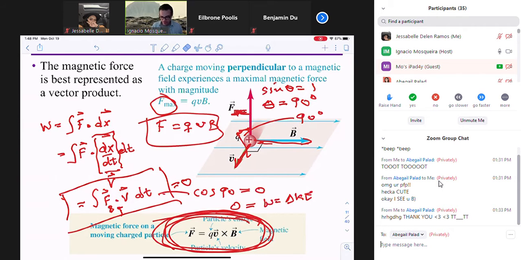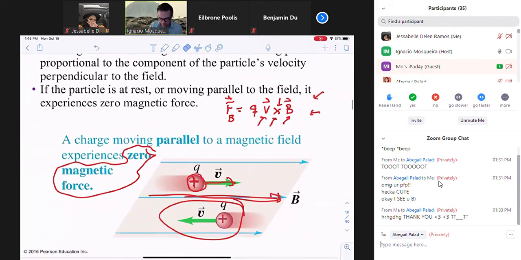From the definition of the force and the cross product, this is something you definitely need to know and keep in mind: the force is perpendicular to both the velocity and the B field.